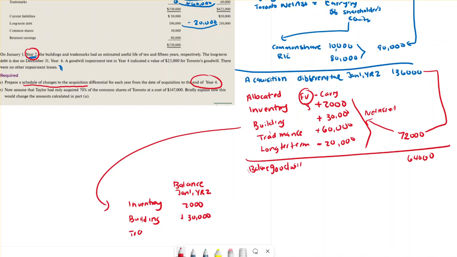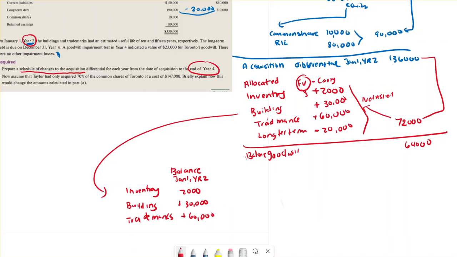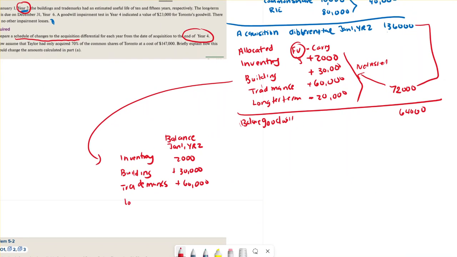You have your trademarks, that is 60,000. We have long-term debt, and that is your negative $20,000. And then we paid more, so we also have goodwill, and goodwill is tested for impairment.